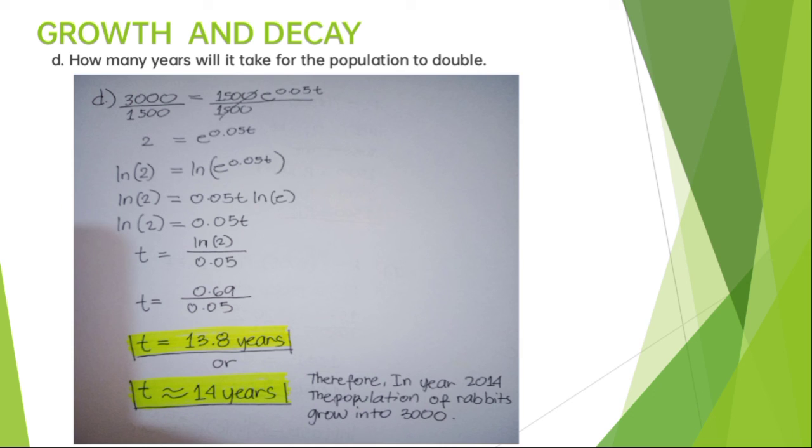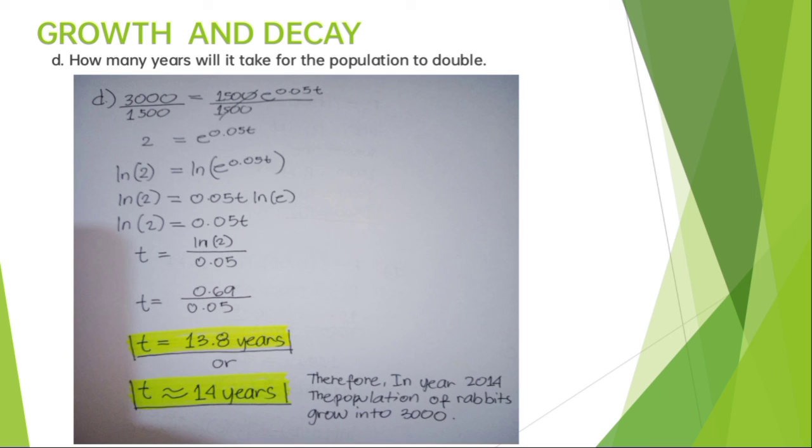Transfer 0.05 to the other side as a reciprocal. So t equals the natural log of 2 over 0.05. The natural log of 2 is 0.69, with more digits that I rounded off, over 0.05. So t is 13.8 years, or approximately 14 years.